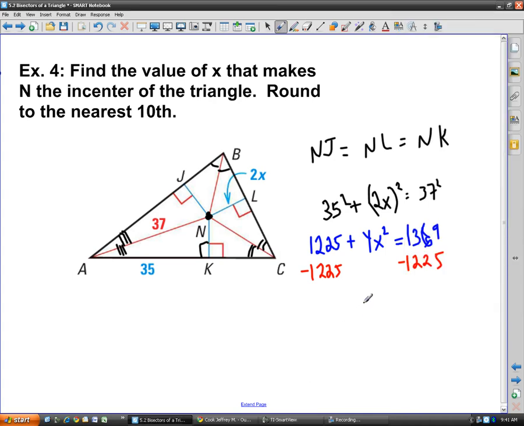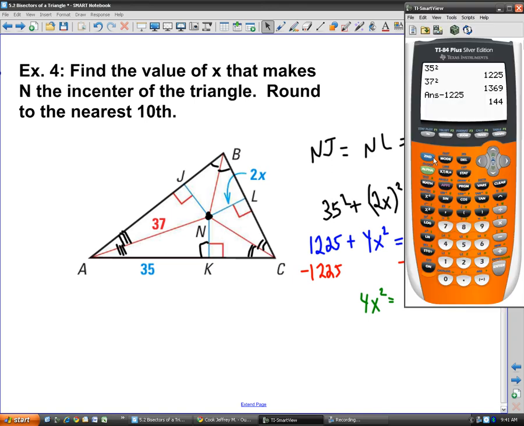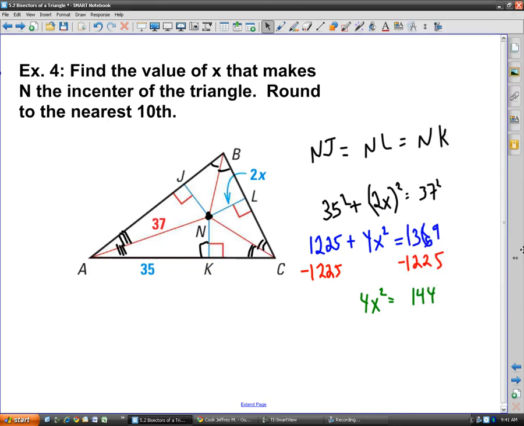If I divide 144 by 4, that gives me 36, which means that x squared equals 36. And then if I take the square root of both sides, that means that x is 6. We didn't even need to round to the nearest tenth. They were trying to throw us off on that.